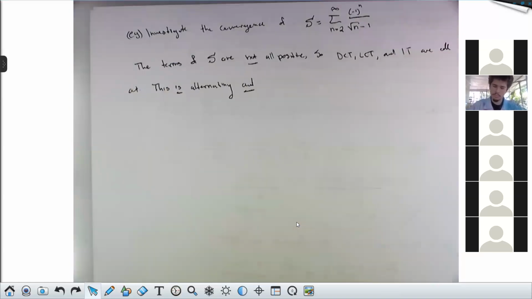And if not for the -1 to the n, this would be like 1 over root n, which would be a divergent series. I think it must be like a conditional series. Correct. Yeah, very good. This does converge, but the convergence is conditional.